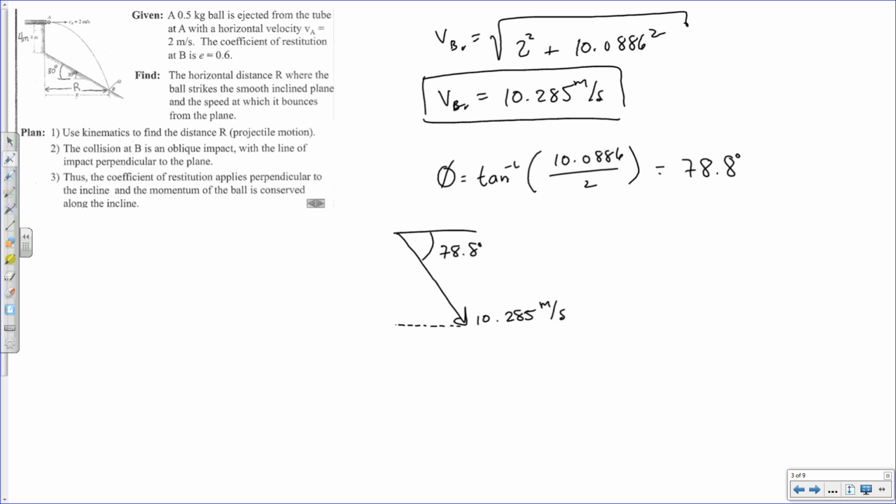Opposite interior angles tells me that this must also be 78.8 degrees. So the ball is coming down at an angle of 78.8 degrees, and it's going to strike an inclined plane that's inclined at 30 degrees. So let's try and draw this and visualize what's going on here.